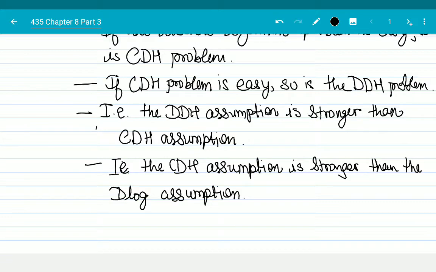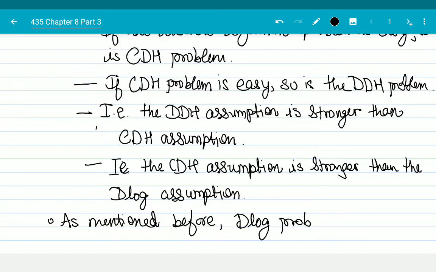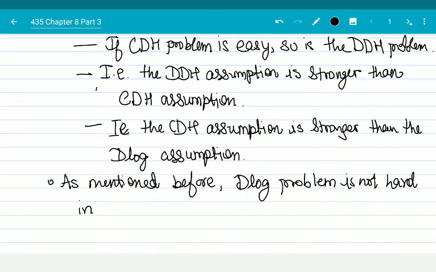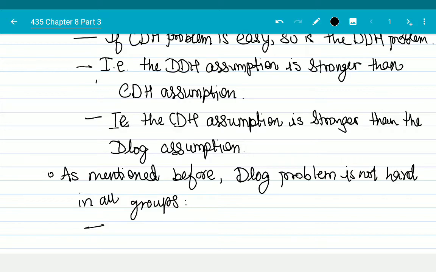As I mentioned before, the discrete logarithm is not hard in all groups. It is easy in Zn, right? I said that if the generator is 1, it is easy.